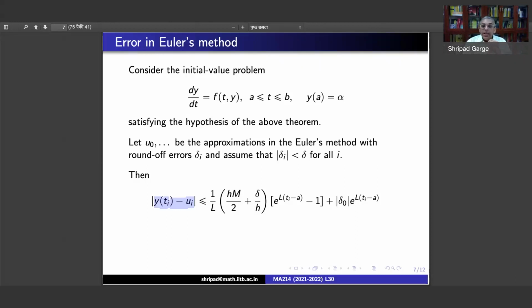Now notice that h occurs in the numerator of one term and in the denominator of the other term. So this bound is not linear in h. That is quite clear. In fact, if you take h to be very small, then the round off error may get bigger and bigger.